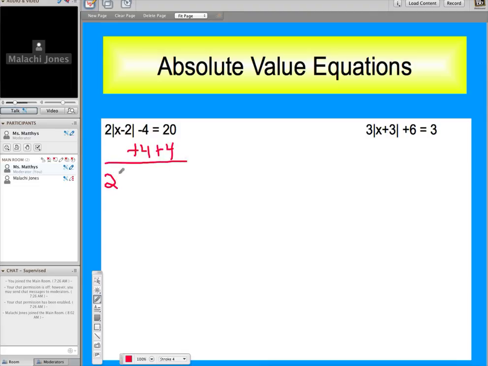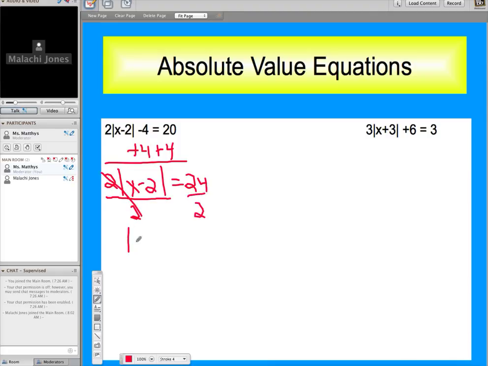All right, so on the left, now I'm left with 2 times the absolute value of x minus 2 equals, what is 20 plus 4? 24. Okay, now what do you want to do? I want to divide by 2 on both sides.